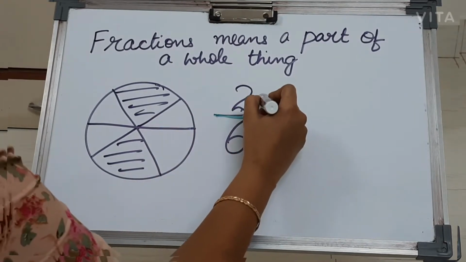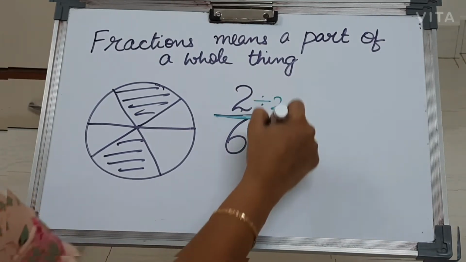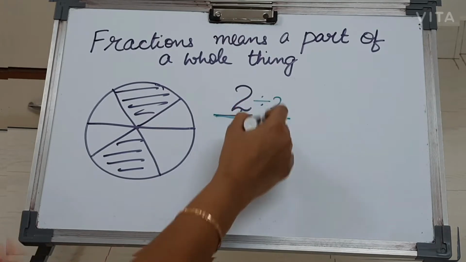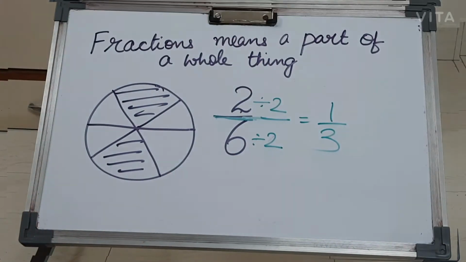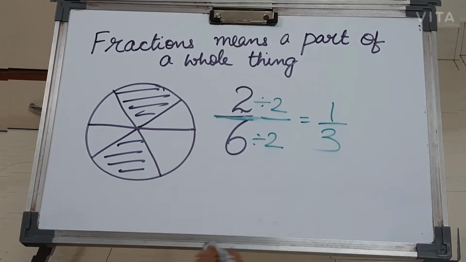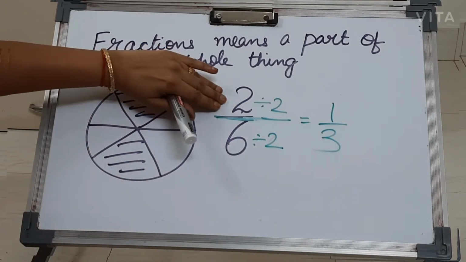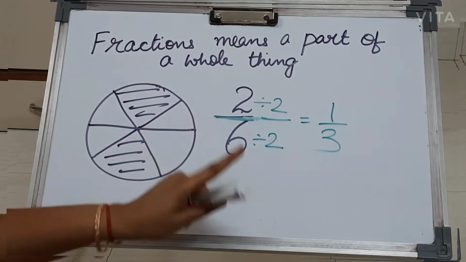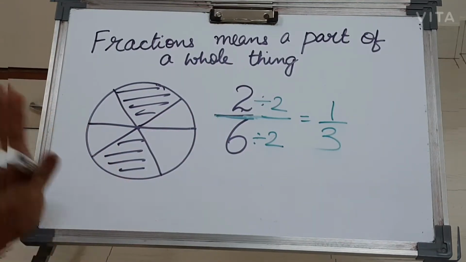So if I write divided by 2, the same number for numerator and denominator, then it gives 1 by 3. This is the way we simplify fractions, by a common factor. In simple terms, when we can divide both numerator and denominator by the same number, that is called the common factor.